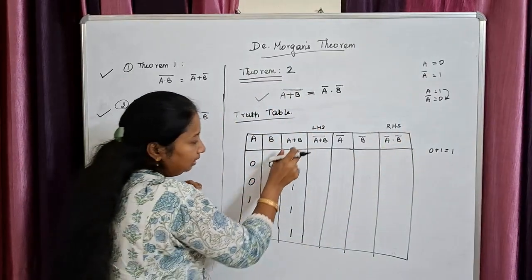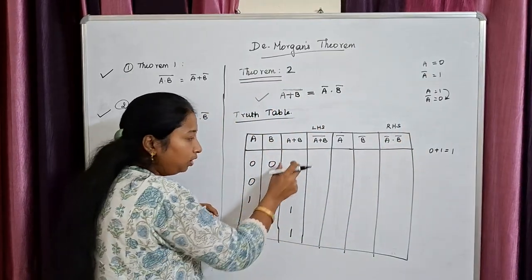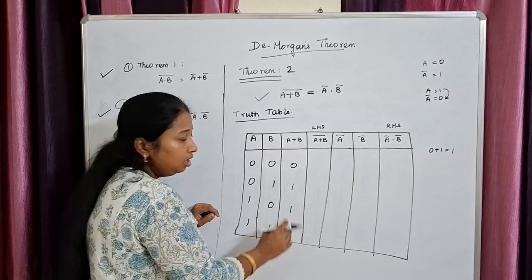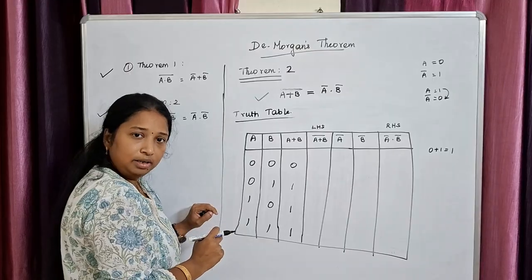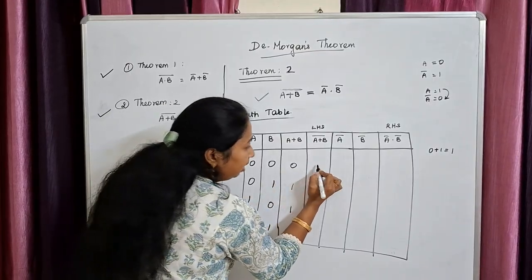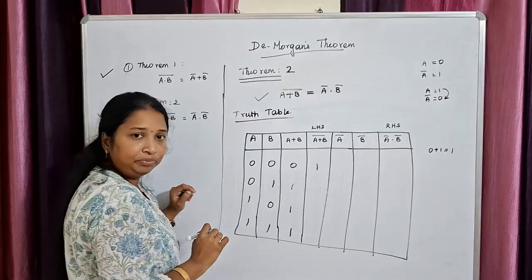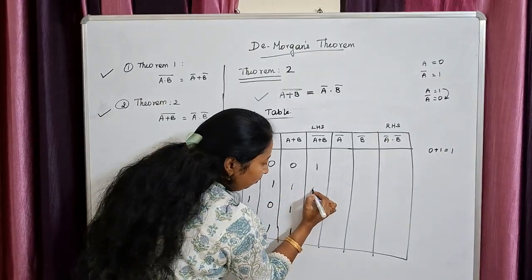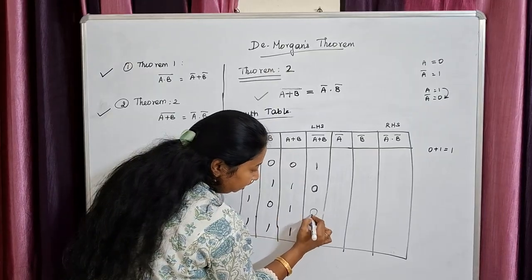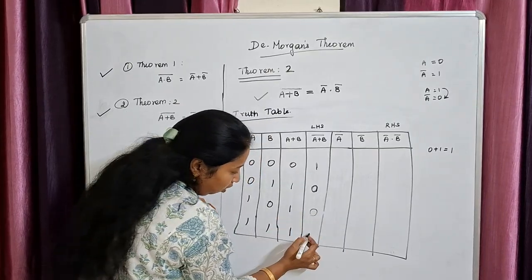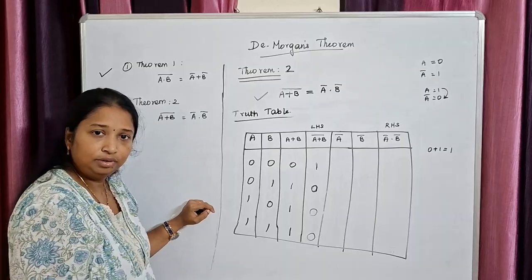Clear? Now, this is A plus B. Whatever values I have here, the complement of it will come in A plus B the whole bar. Right? If it is 0, my output here will be 1. If it is 1, the complement of 1 will be 0. Again, if it is 1, the complement of it is 0. If it is 1, the complement of it is 0. Clear?